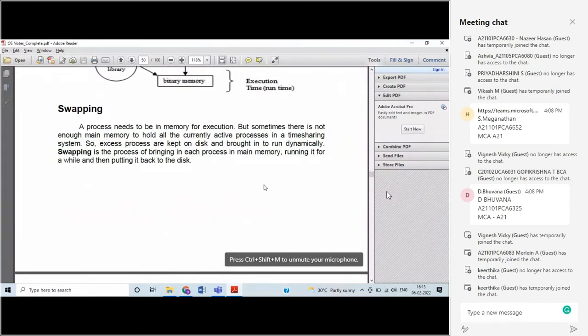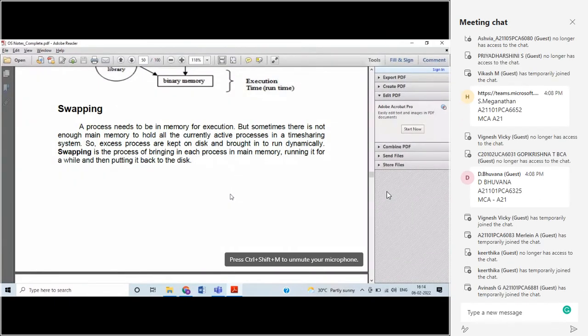Yes, so a process needs to be in the memory for execution, but sometimes there is not enough main memory to hold all the currently active processes in a time sharing system. So whenever we want to execute a process, that process should be in the main memory for the execution, but sometimes the size of the main memory is not enough.